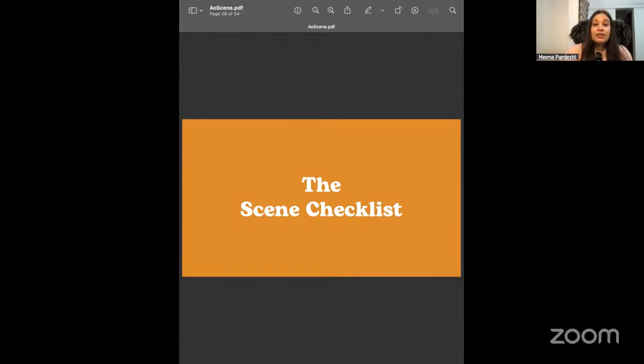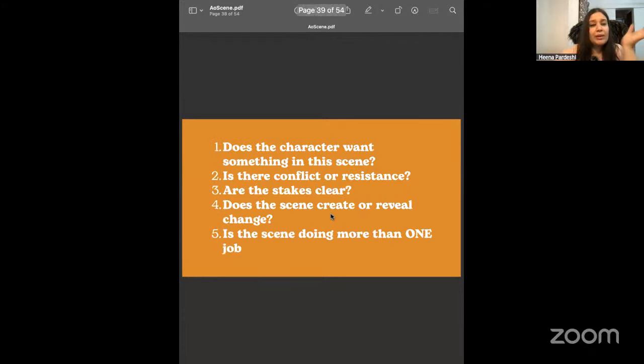Now, the second point in the checklist is, is there conflict or resistance? Okay, I'm just going to move the slide forward so that I can read it from that. As we've seen a dozen times now, conflict doesn't mean fights or drama. Conflict simply means something that makes the goal harder to achieve.